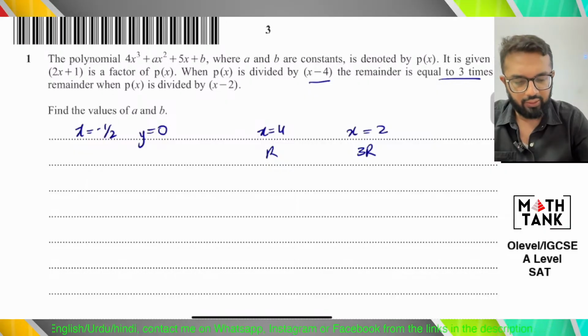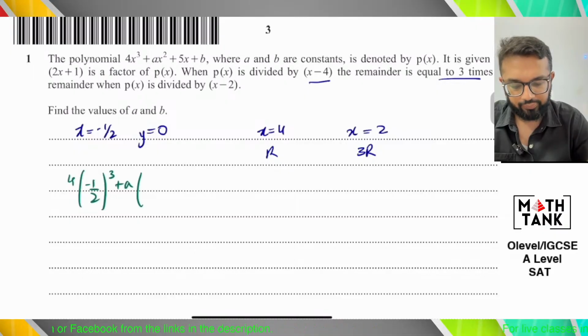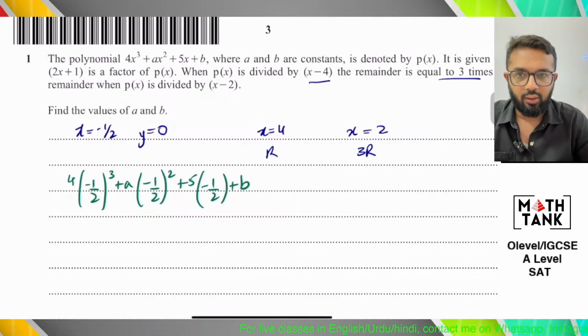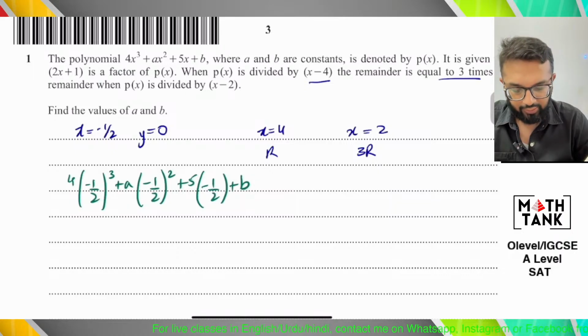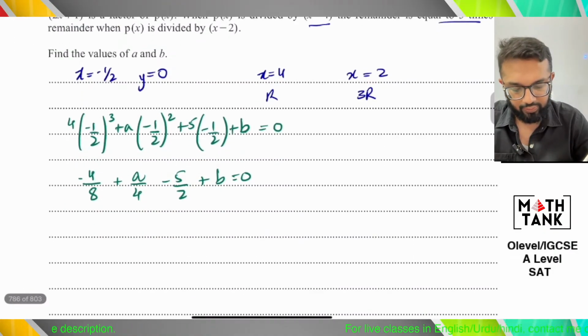So this is a remainder factor theorem question. I'm going to first plug in minus half cubed, half squared plus 5 minus half plus b. And I get minus 4 over 8 plus a over 4 minus 5 over 2 plus b equals 0, because this is a factor, so the remainder is 0.